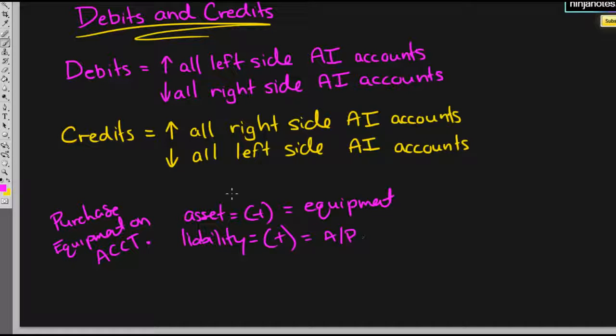Since we're increasing equipment, which is an asset, we look at the rule for debits and credits. An asset is a left side accounting equation account, and since we're increasing it, we would debit equipment.